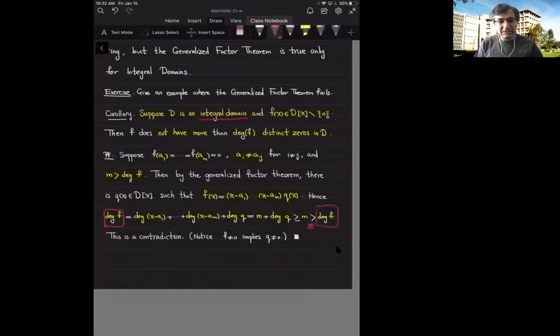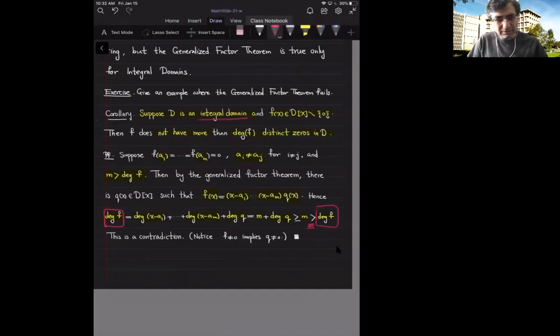And that's a contradiction. That means that we cannot have more than degree of f distinct zeros when the ring of coefficients is an integral domain. Okay, so everything went smoothly.